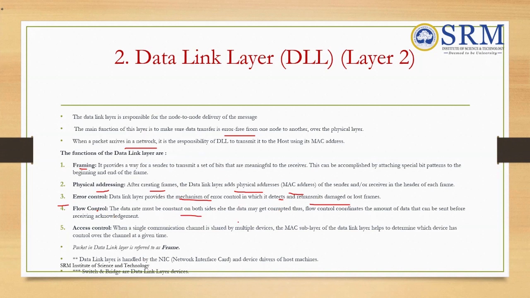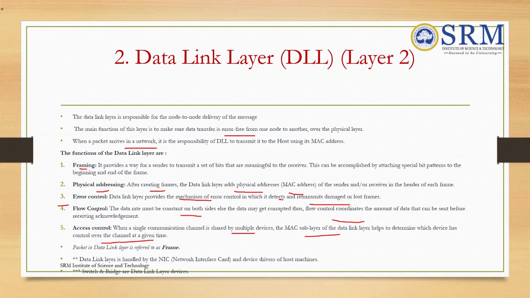If one side is flowing properly and on the other side the data is not flowing properly, then the communication may be corrupted or lost. Flow control means that without any interruption, the data has to flow one by one from sender to receiver. And access control. Access control means multiple devices will be there in the communication, so the MAC address helps to determine which device has control over the channel.